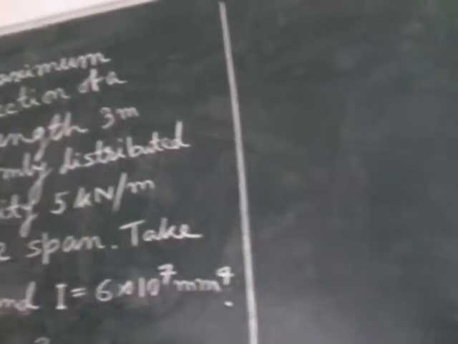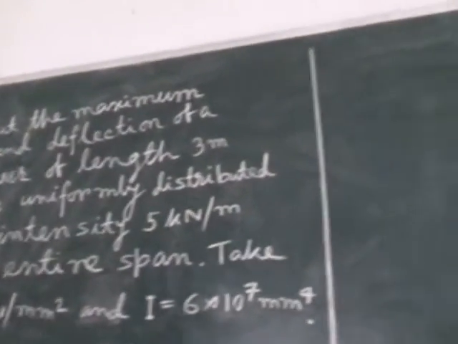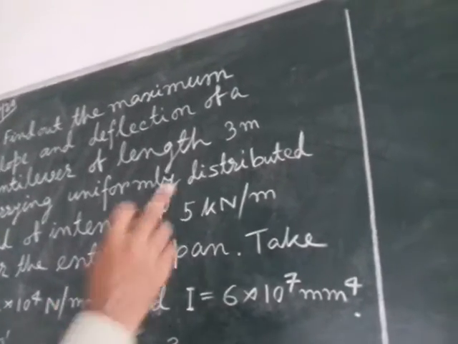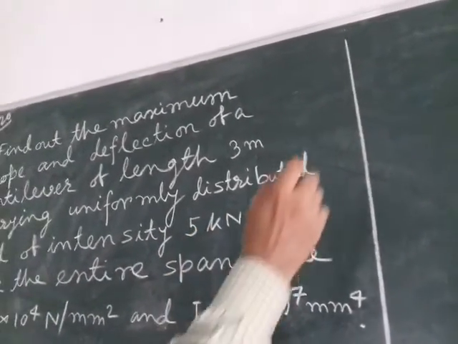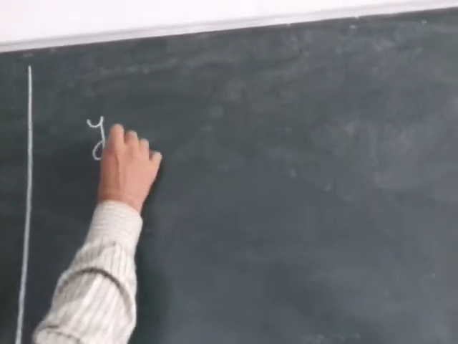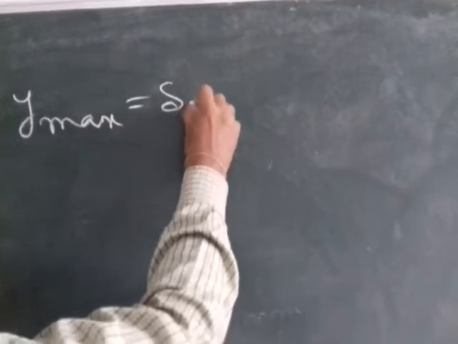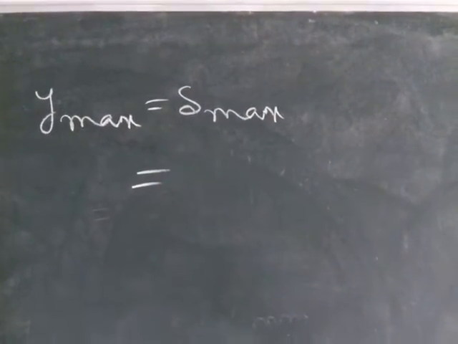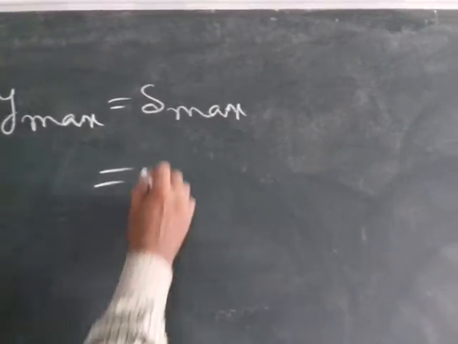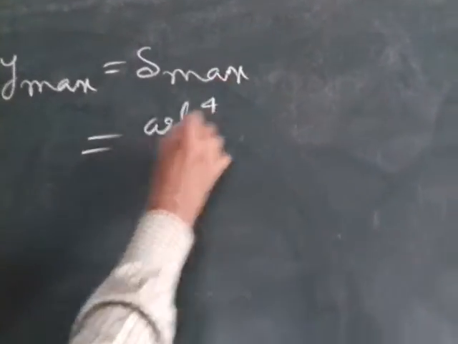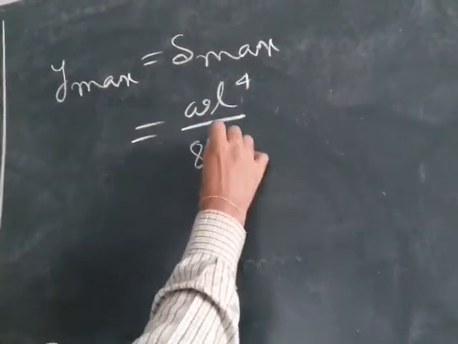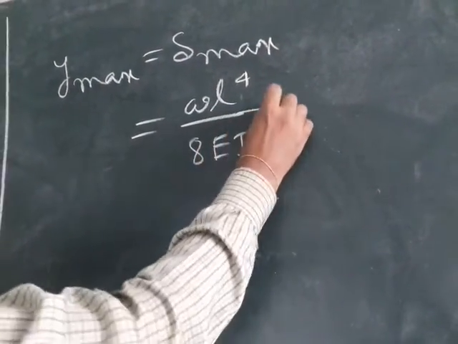The next question is maximum deflection. We know that the maximum deflection for a cantilever beam occurs at the free end. We also know the formula: y max or delta max equal to w, that is small w, L to the power 4 by 8EI.